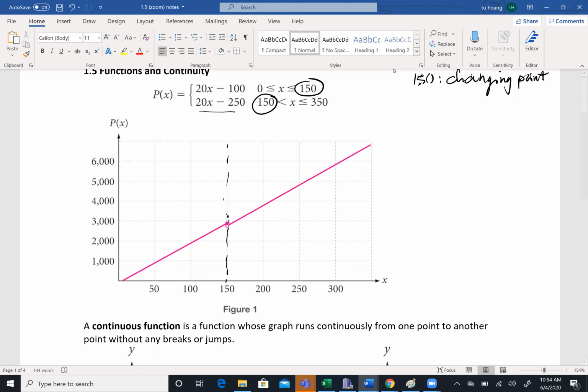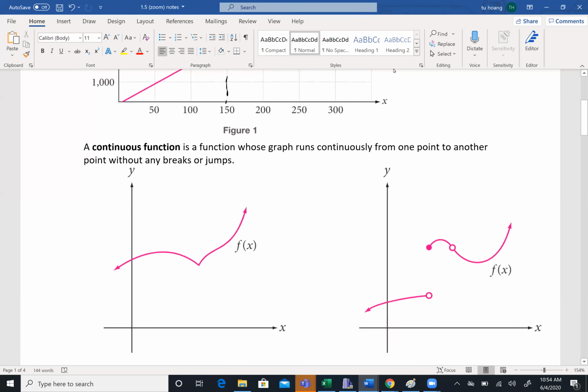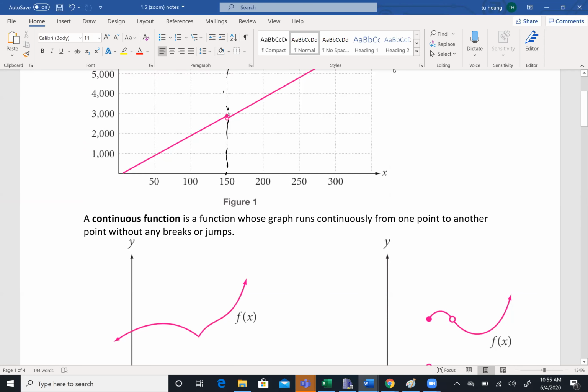Okay, so let's move down here. A continuous function is a function whose graph runs continuously from one point to another point without any break or jump. So go back to the figure. I can say it is a break, and I can also say it is a jump.